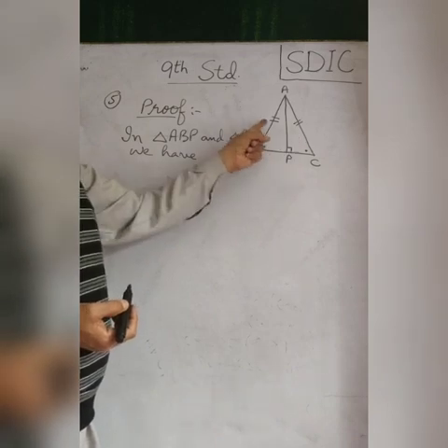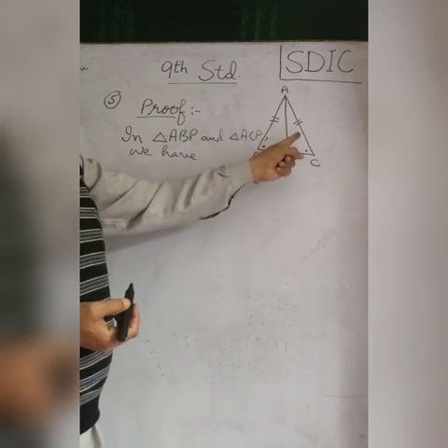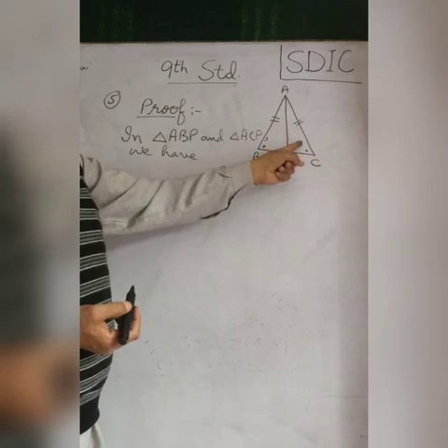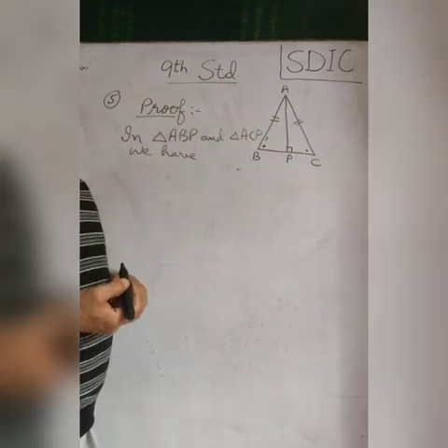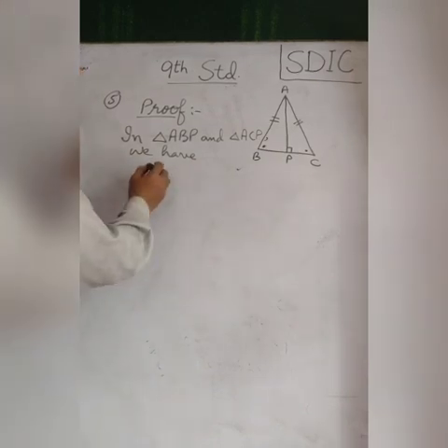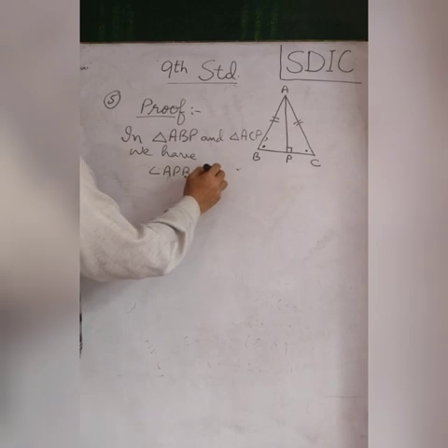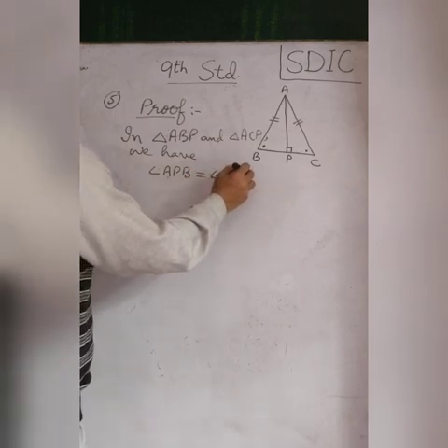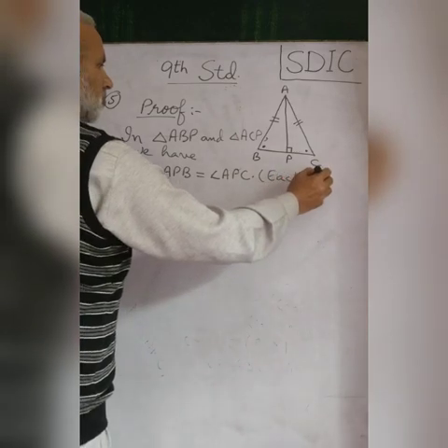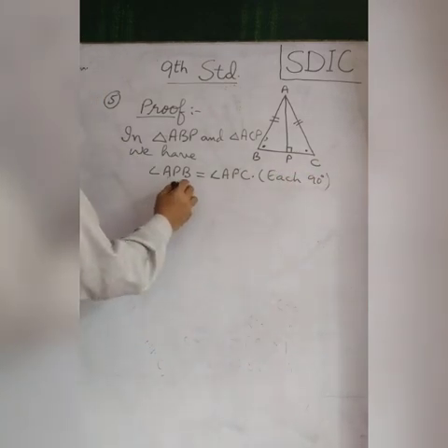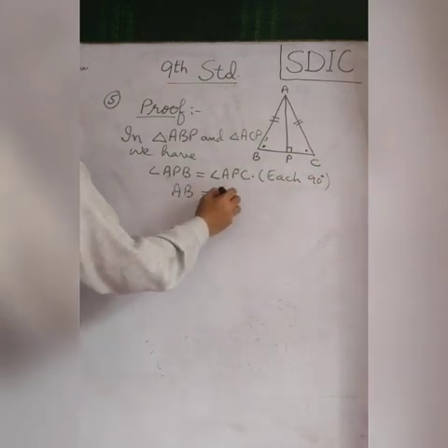AB is the hypotenuse of this right triangle. AC is the hypotenuse of this triangle. And we know these are equal. Then there is common side AP. RHS rule. Angle APB is equal to angle APC, each 90 degrees. AB is equal to AC. This is given to us.